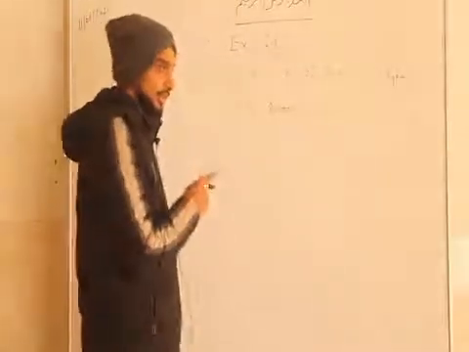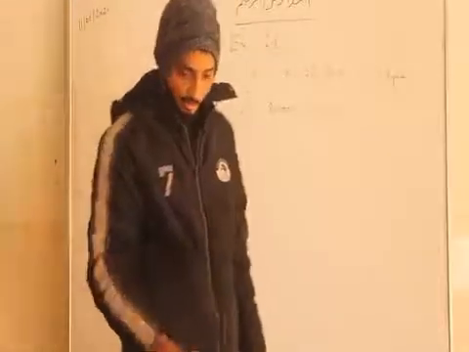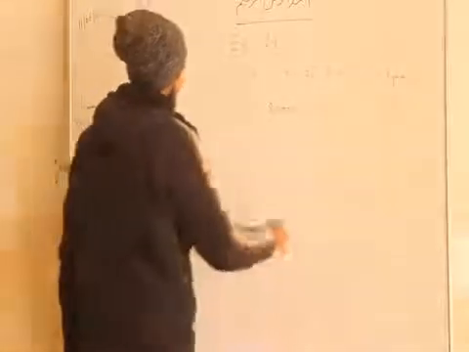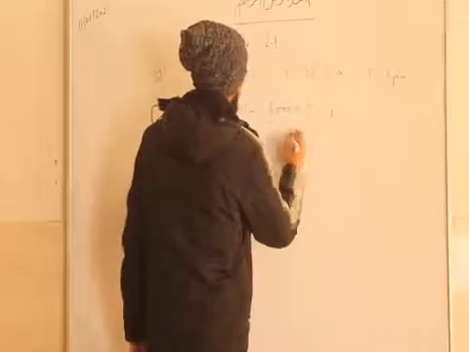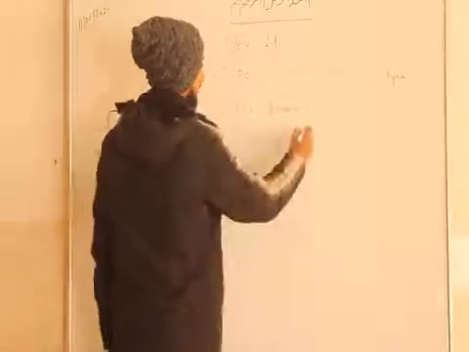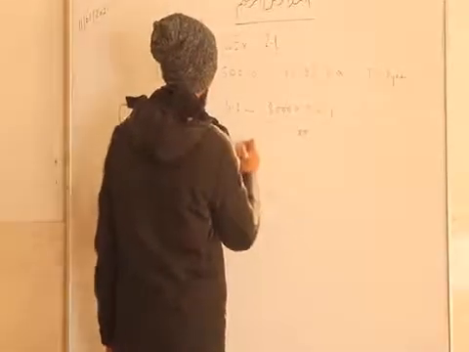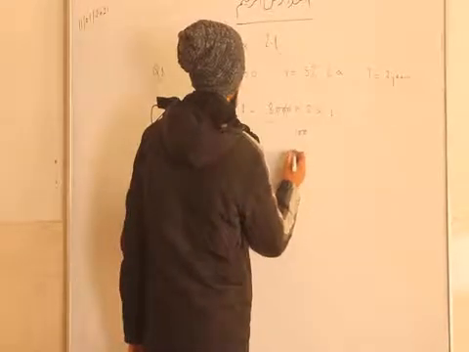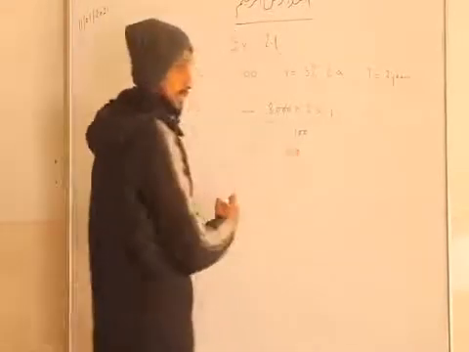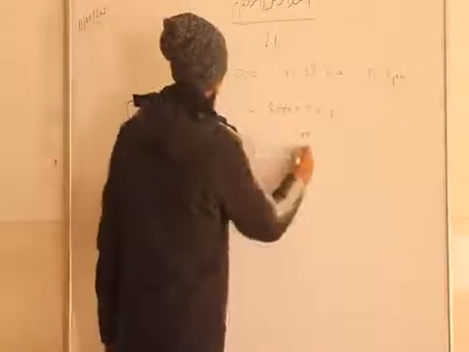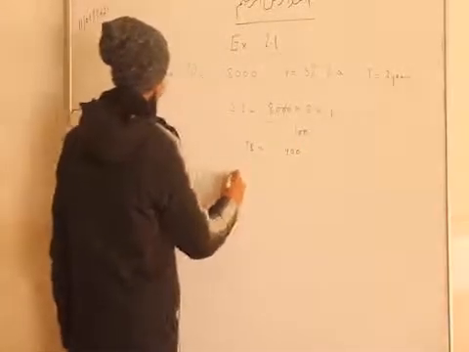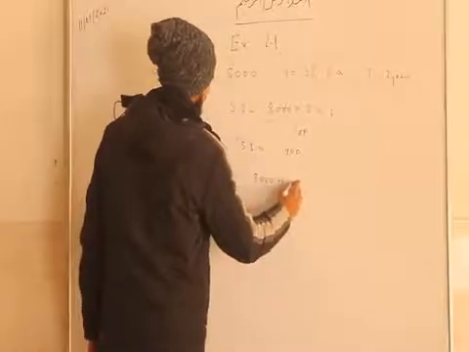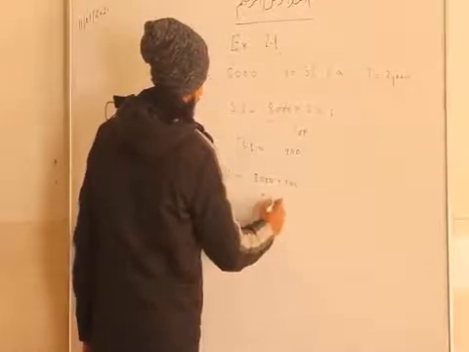For the first year we are calculating, because in the question the rate is per annum, divided by 100. So we will just simply solve this. Simple interest for the first year is 400. So now the amount will be 8,000 plus 400, so this is 8400.